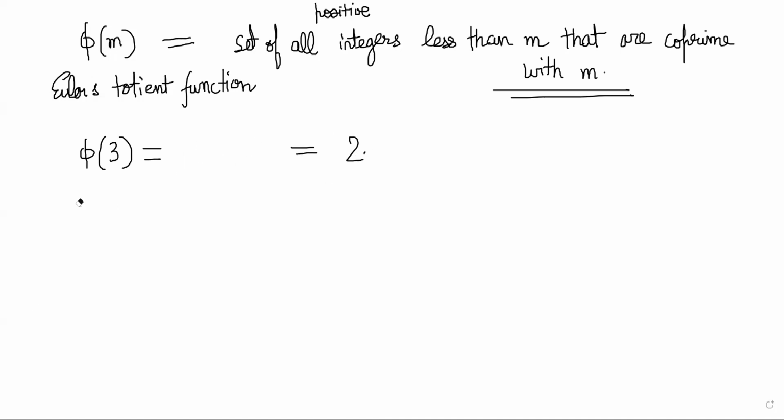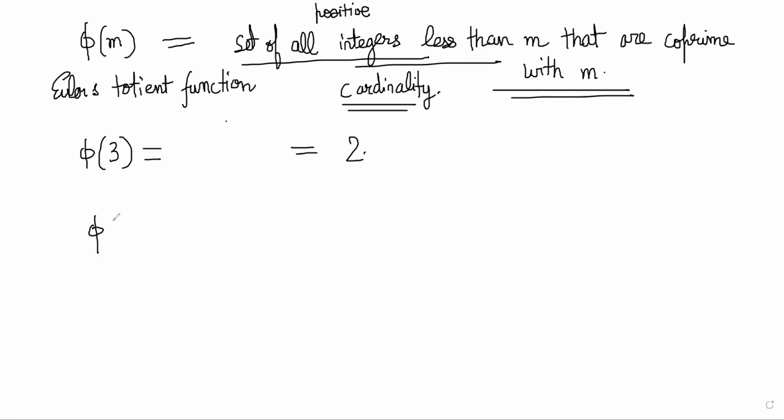So the value of phi of m is the count of the number of integers less than m which are co-prime with m. I have made a slight error here when I said it is the set of all positive integers. What it is, is the cardinality of that set. Phi of m measures the number of elements in this set, right?